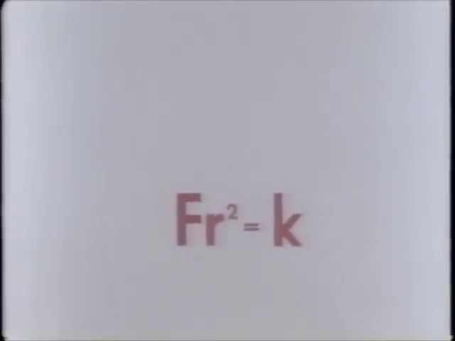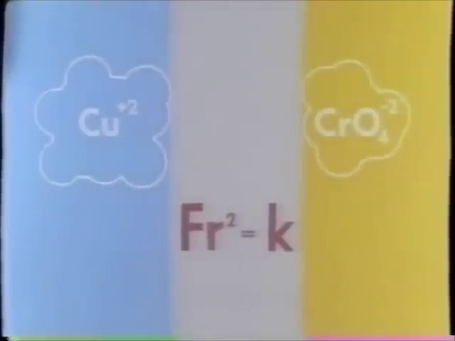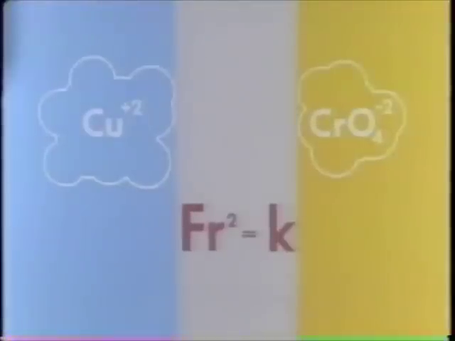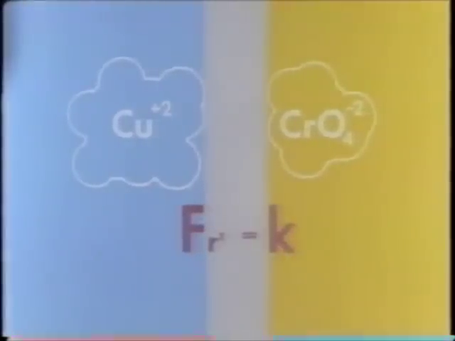F times r squared equals k. Remember that the positive copper ions and negative chromate ions not only move in opposite directions between the electrodes, but as the distance r between these ions decreases to atomic dimensions, the force F between the ions themselves must become large.